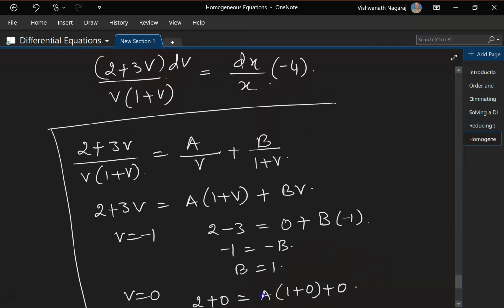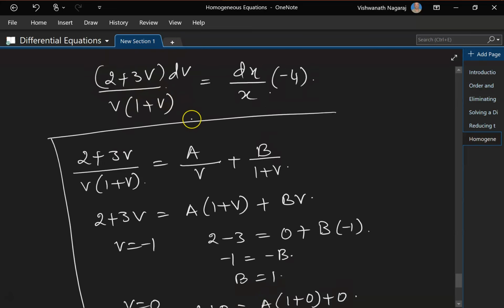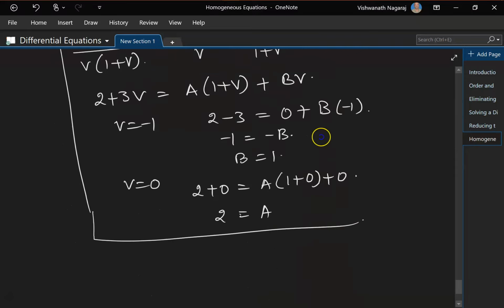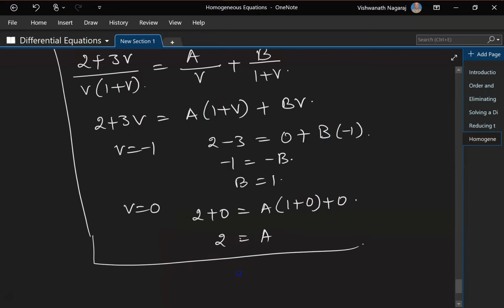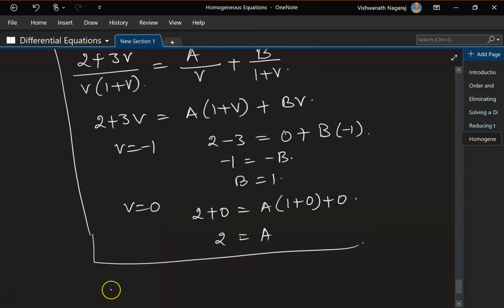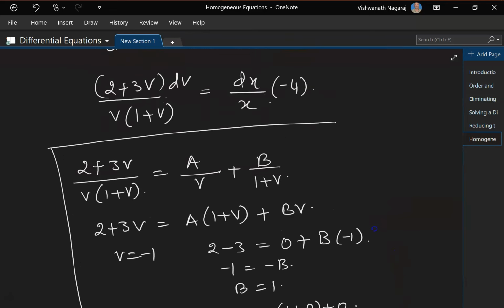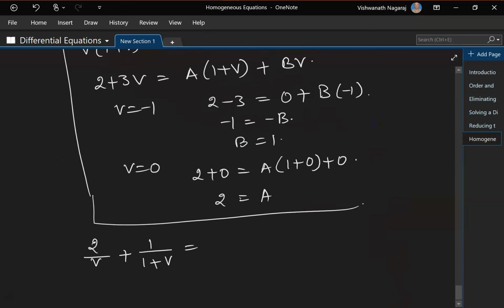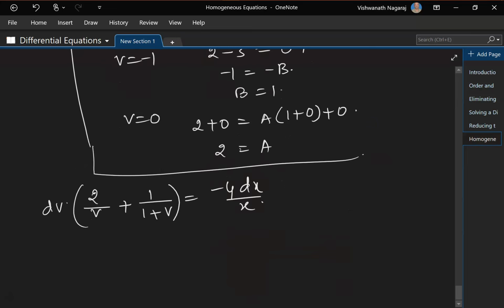Okay, now that we have converted into partial fractions, let's rewrite this in terms of these partial fractions. So (2 plus 3v) by v times (1 plus v) has become 2 by v plus 1 by (1 plus v), is equal to dv. This is dx minus 4 dx by x. dv is there.